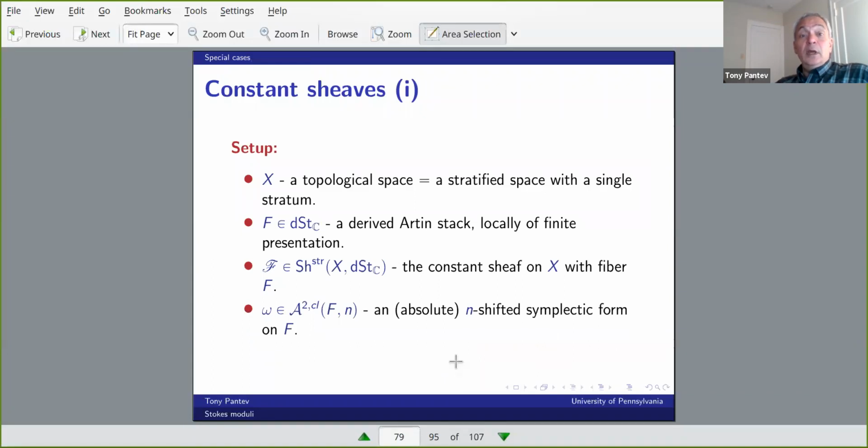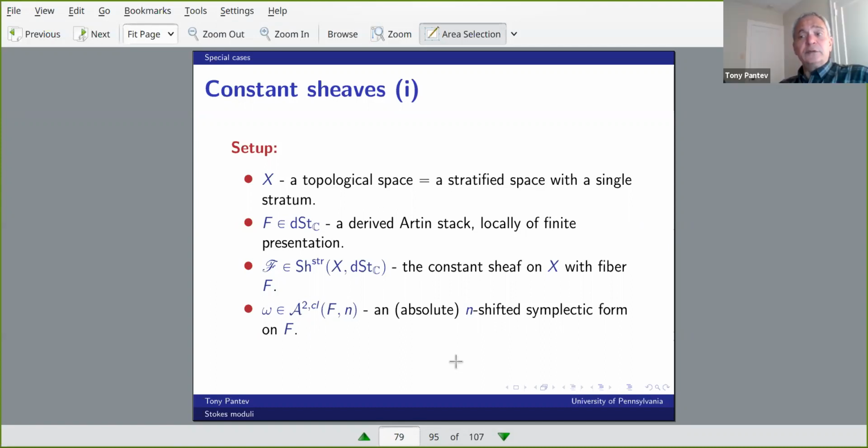So if you have a topological space and you think about it as a stratified space with a single stratum. So it's effectively a manifold then. It's going to be a manifold in a moment, yeah. It's going to be actually an oriented manifold. No, just nice stratification seems to imply that if there is only one stratum, it has to be a manifold. Right.